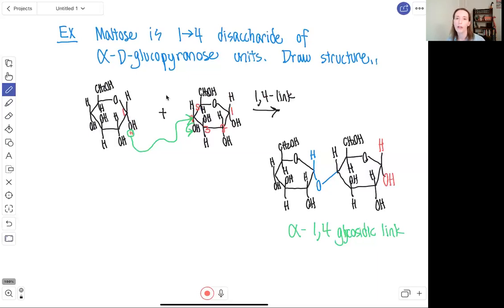We can also think about them as energy storage repositories. So for example, glycogen is a polysaccharide that is used for the storage of sugars within the body.